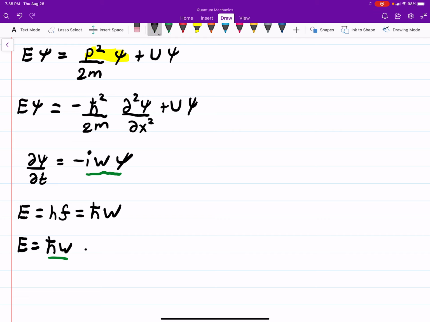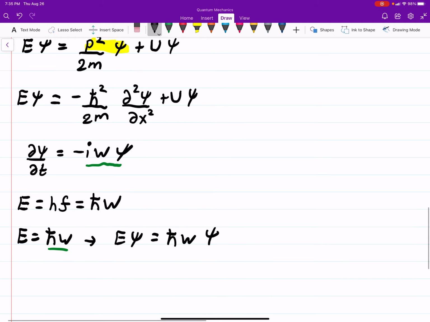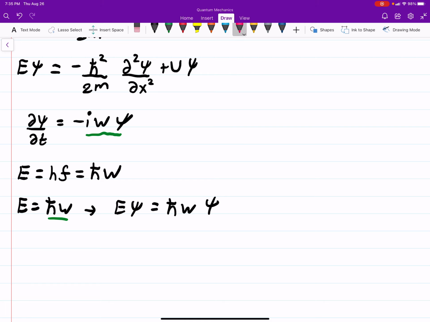I'm going to start by multiplying both sides by the wave function. And now it's starting to look really close because we have an omega, we have a psi. The only difference is there's a negative i on both sides. So we're going to divide by h bar because there's not an h bar on that side, and we're going to multiply both sides by minus i.